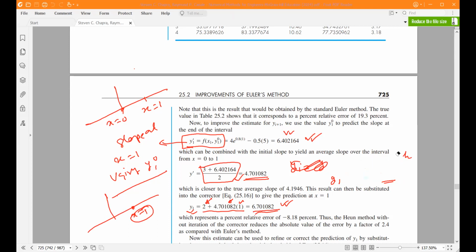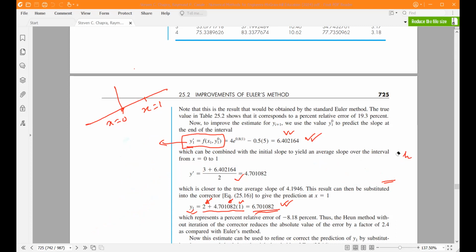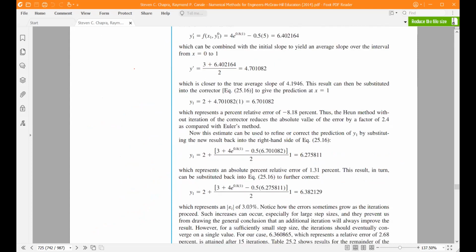You simply put this value into equation 25.16 repeatedly, so that you get a more refined value in successive iterations before calculating a new value. This is illustrated in this equation, where y1 is again calculated.